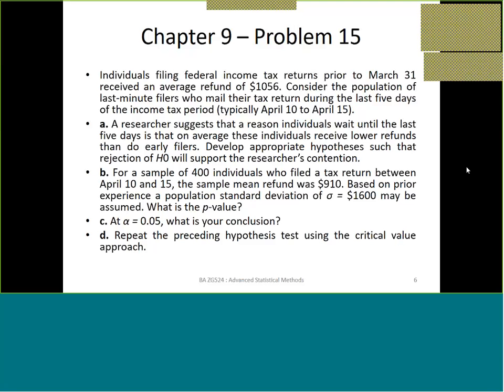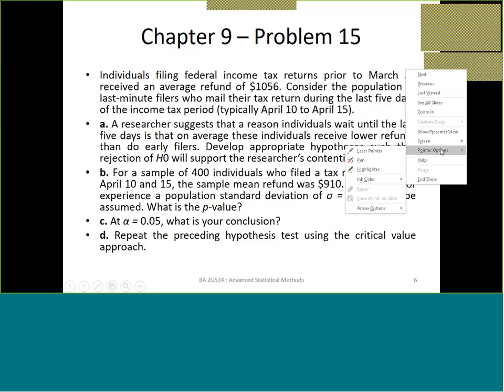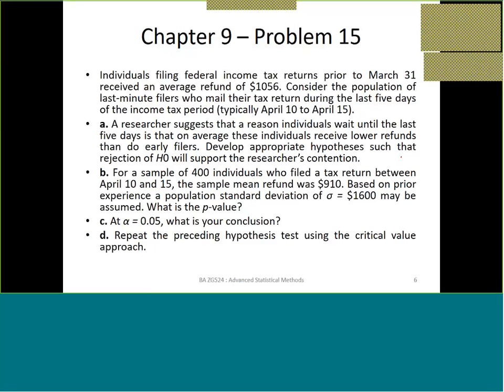So for this you need to construct H0 and HA. Anyhow, this is based on research. So first of all, we will write the alternative hypothesis. What is the alternative hypothesis? This is the statement: a researcher suggests that a reason individuals wait until the last 5 days is that on average these individuals receive lower refunds than do early filers.